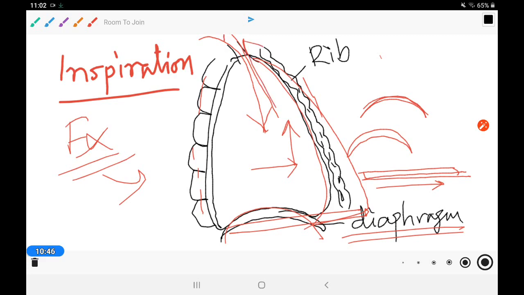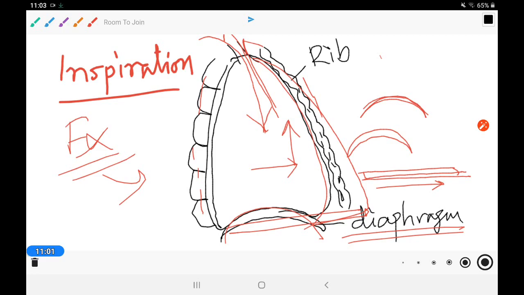So, in short, this is the inspiration and expiration process. Always remember that with the diaphragm and rib muscle activity, the lung cavity will increase.